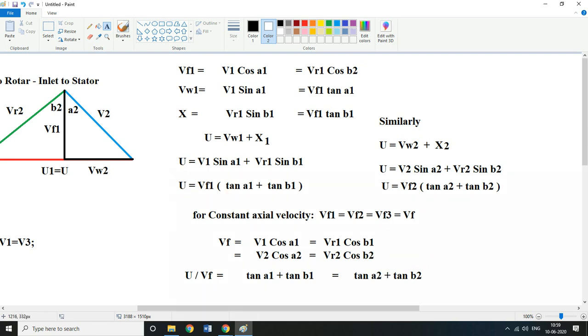Correct. Now what you can do, U divided by VF will be equal to tan alpha 1 plus tan alpha 2 is equal to tan alpha 2 plus tan beta 2. So this is your final relation, and U by VF has got its significance. We'll try to describe it while we're discussing performance parameters.